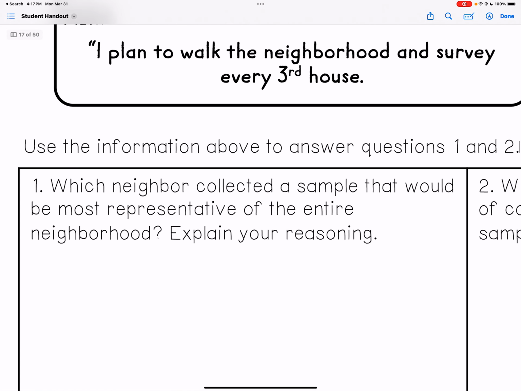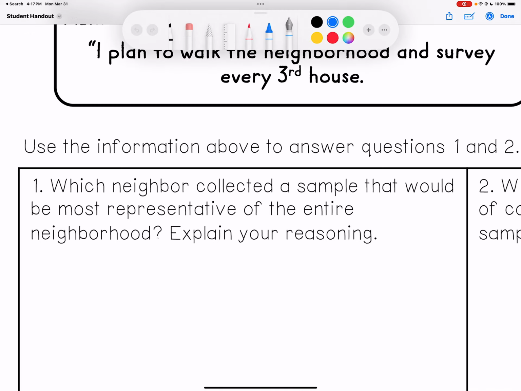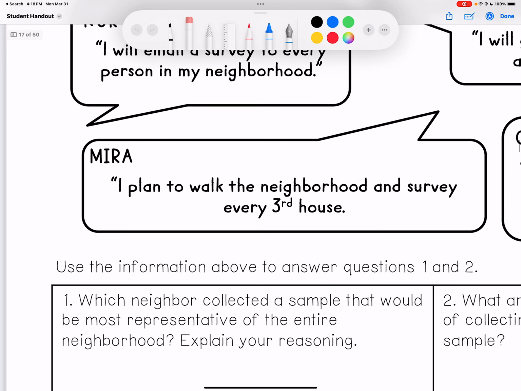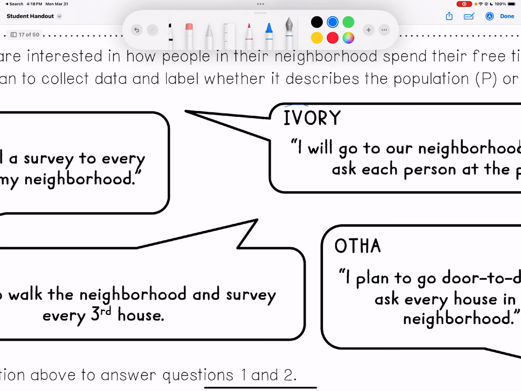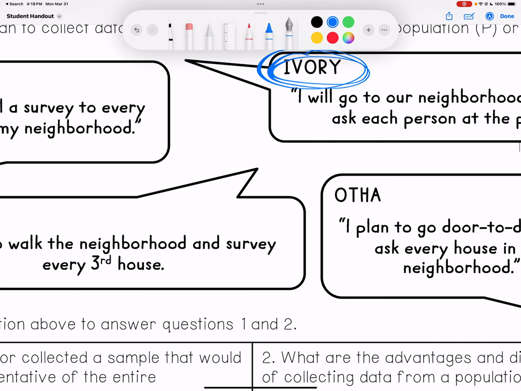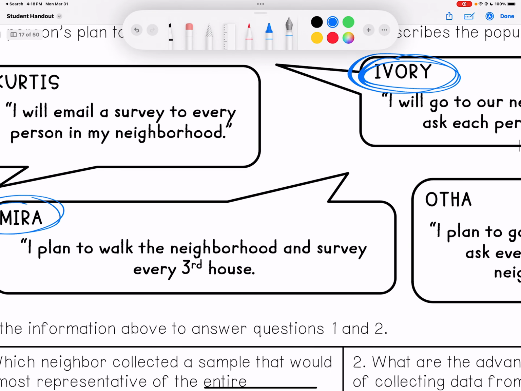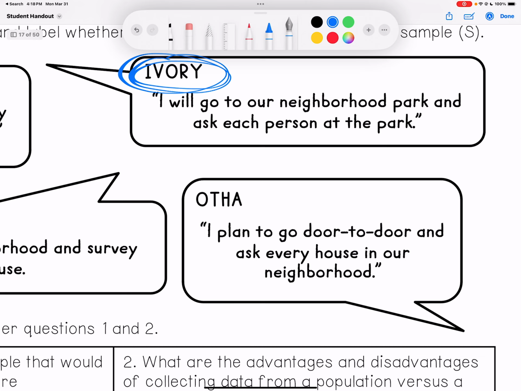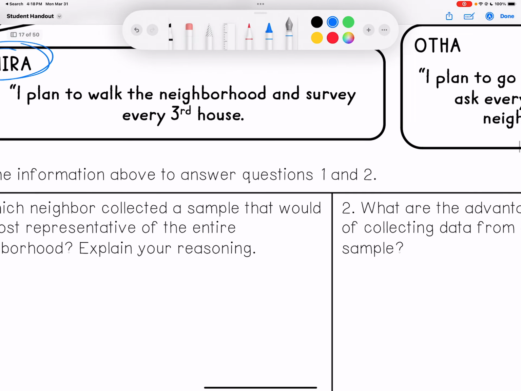So the people who got a sample were Myra and Ivory. Myra went to every third house. Ivory only went to the park and asked the people at the park. So did she get a good representation of everybody? No, because she only asked the people at the park.